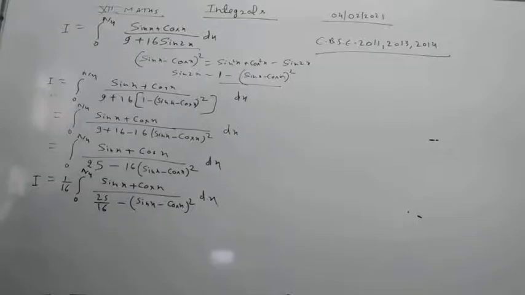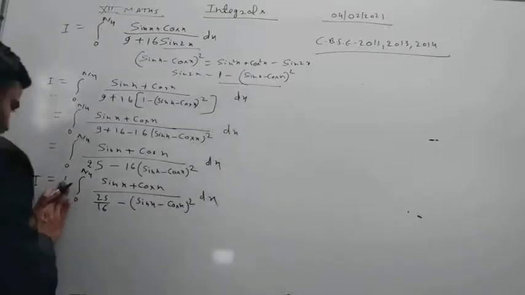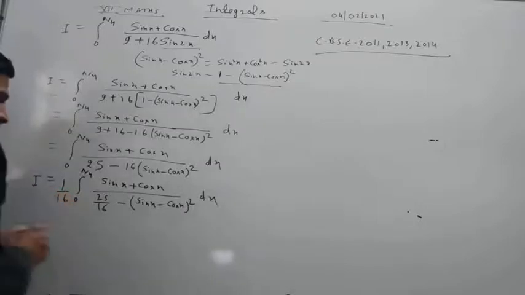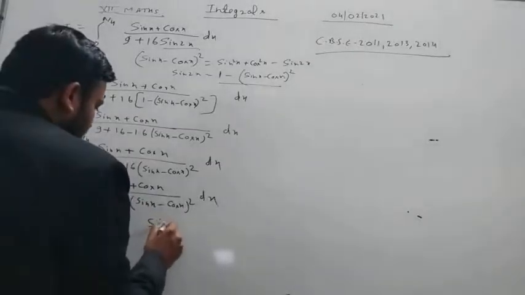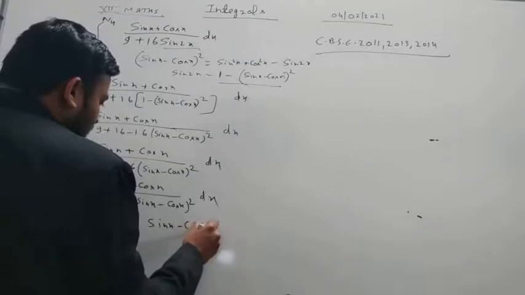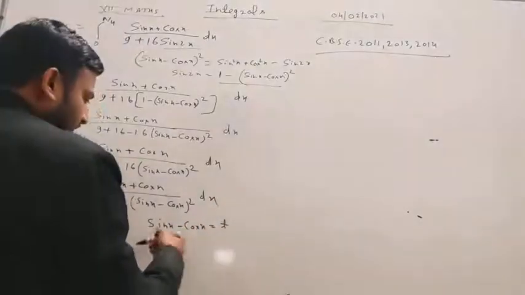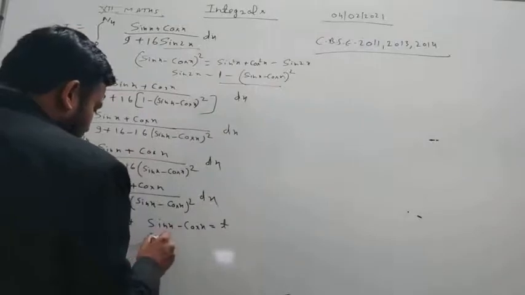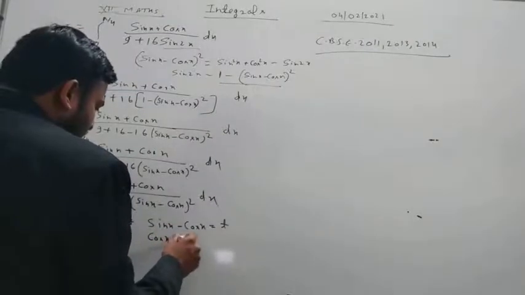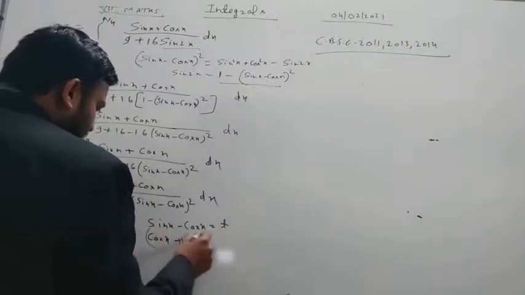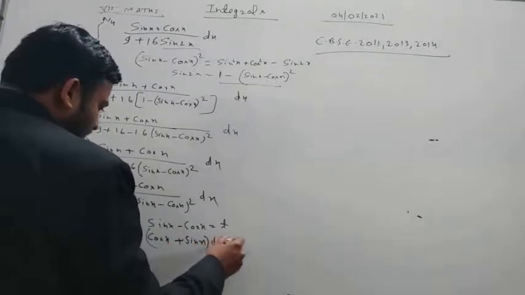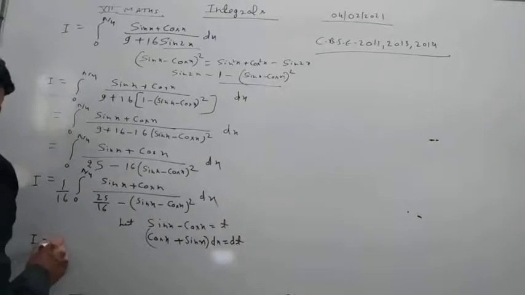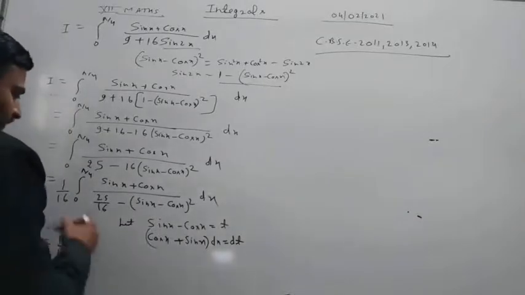So students, now this is sin x minus cos x. We are taking this equal to t, so differentiation of this, cos x plus sin x dx, is equal to dt. So friends, we can write 1 by 16, and we change the limit.